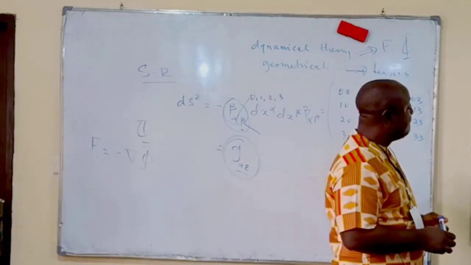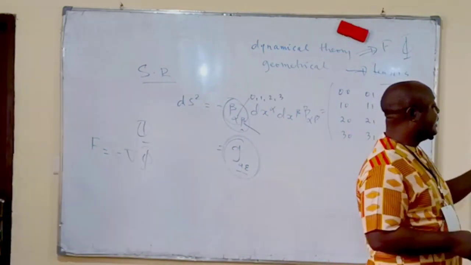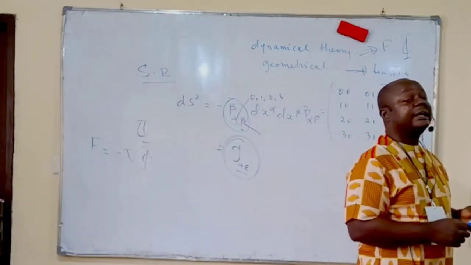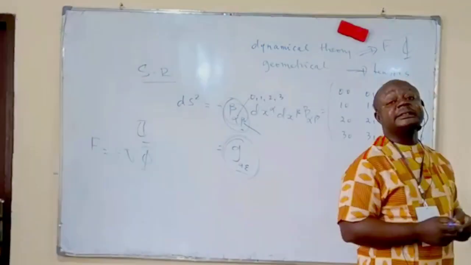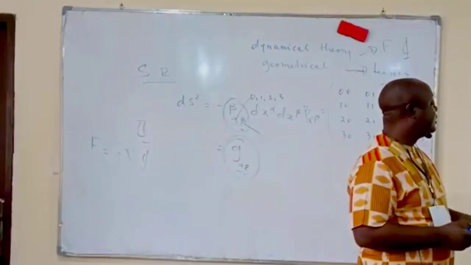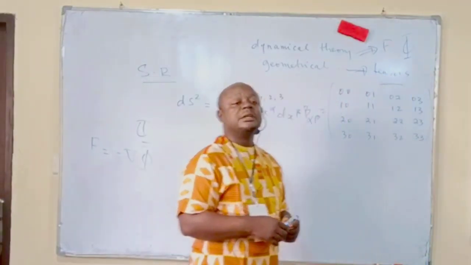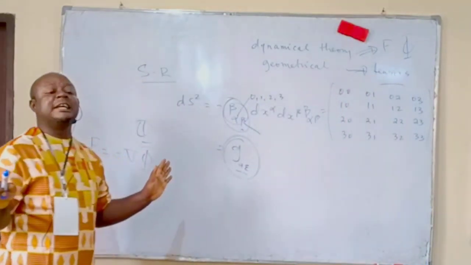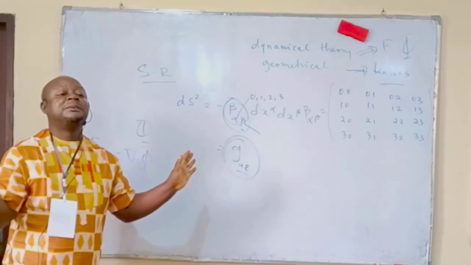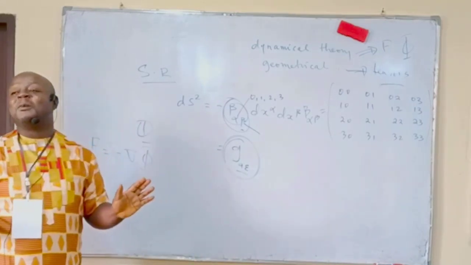Like what I've said here, the fundamental quantity in general relativity is the metric tensor, unlike the potential in Newtonian theory. So once you get the metric tensor, you are as good. You can relax and take a cup of water.